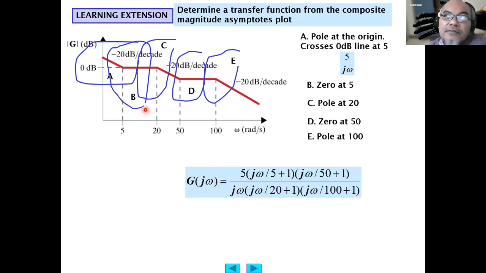Then at 5 radian per second it crosses the 0 decibel line. At omega 5 it becomes 0. Then the zero at 5 is this one, zero at 50 is this one, pole at 20 is this one, and pole at 100 is this one.